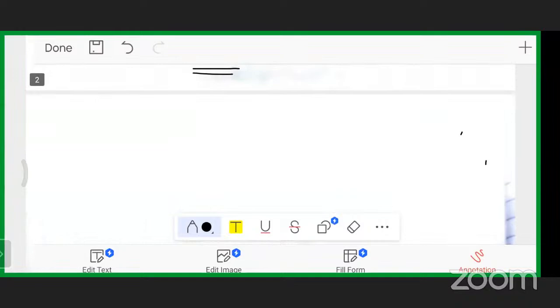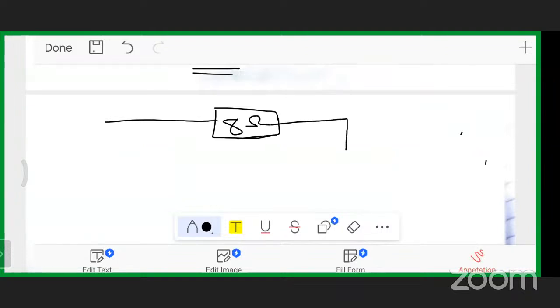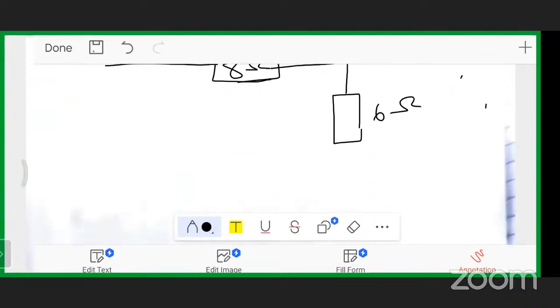So you have this here. This one here is 8 ohms. Then this one comes like that. This one is 6 ohms.